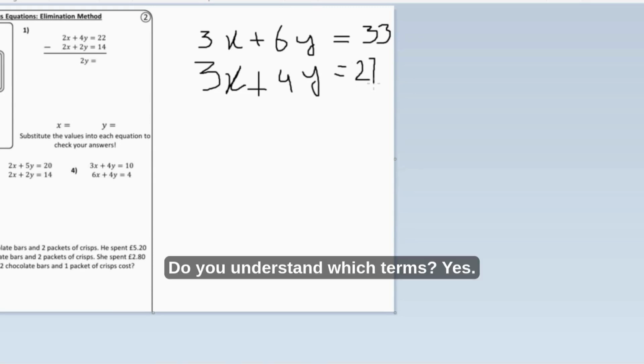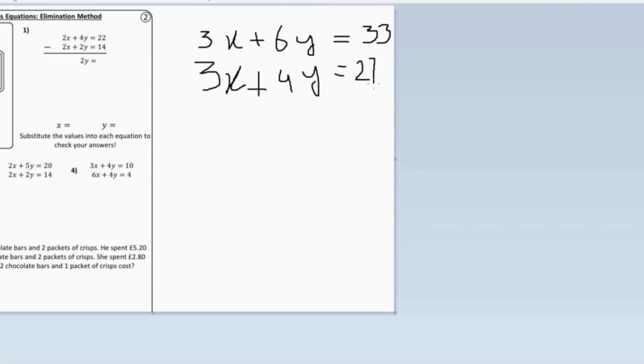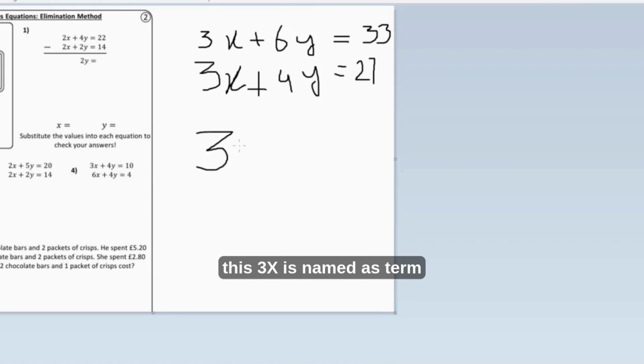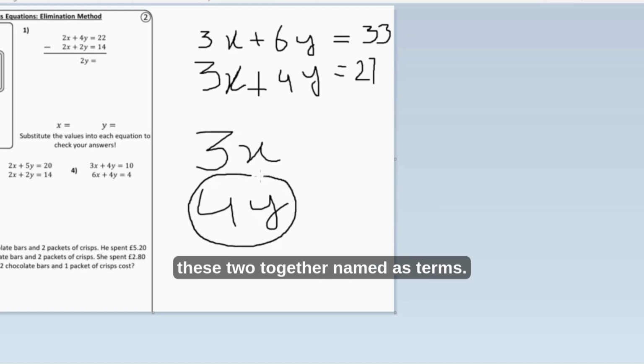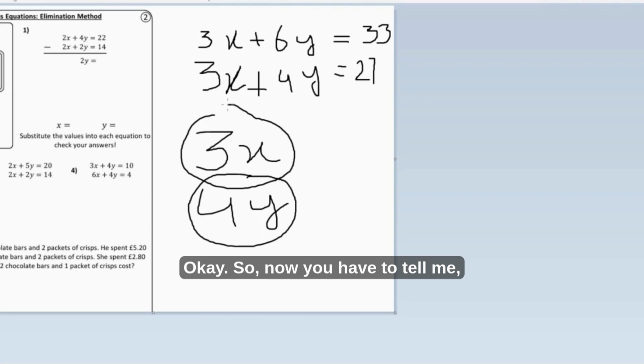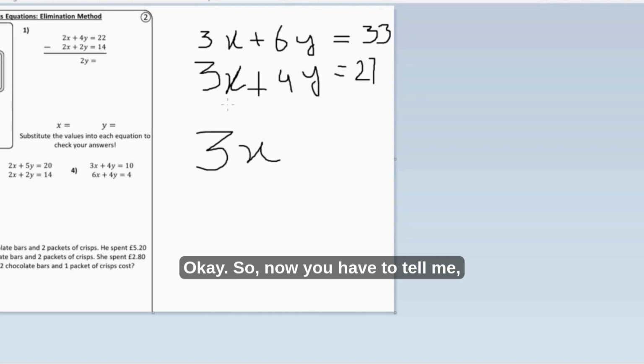Do you understand which term is? So this 3x is named a term and 4y is also named a term. Like these two together are named terms. Okay, so now you have to tell me, in these two equations, which are the same terms?